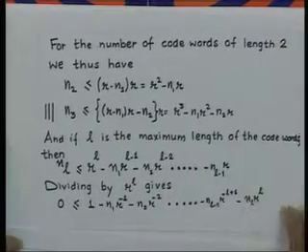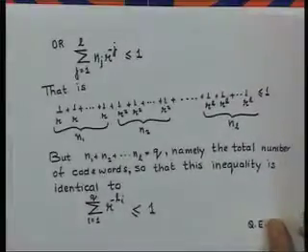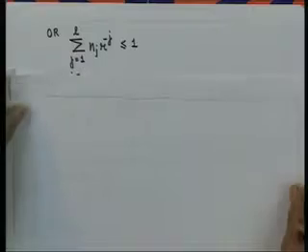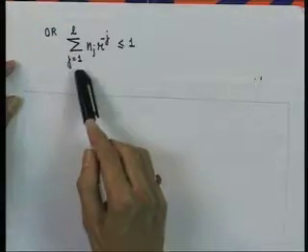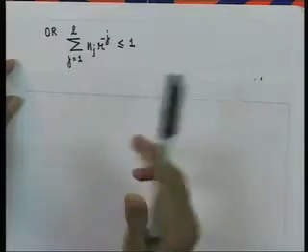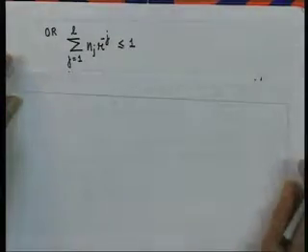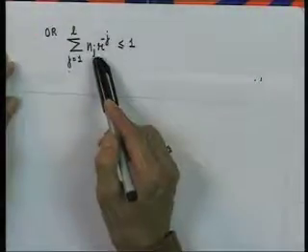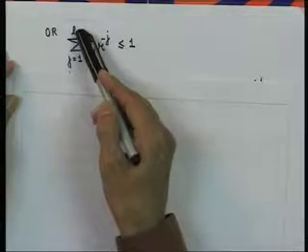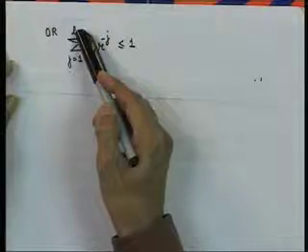This quantity we can write as summation of nj r^(-j) less than or equal to 1, where nj denotes the number of code words of length j, and j can range from 1 to the maximum length in the code, that is L.